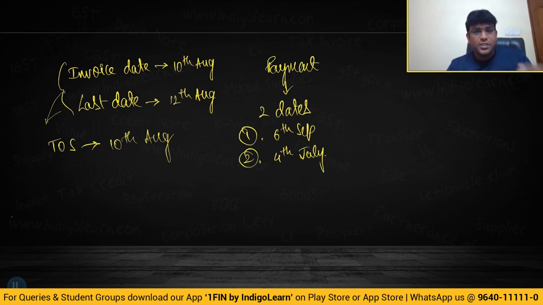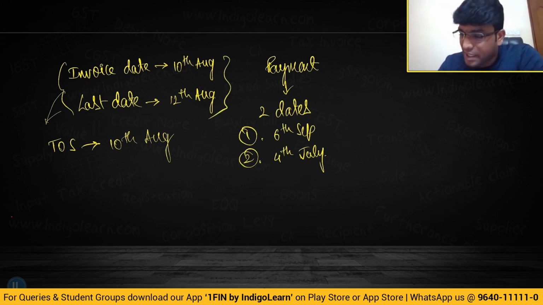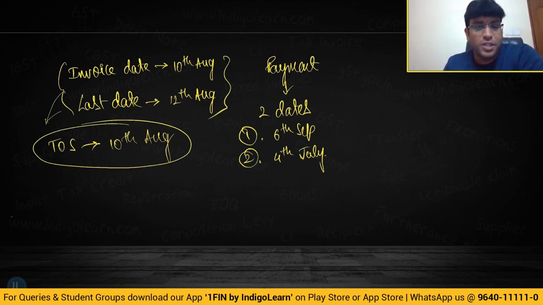What is the point? Now here, payment came before the invoice, and now we observe what is happening here. Time of supply is what? Whichever is earlier, which straight away becomes 10th August. Payment came on 6th September, irrelevant for us. Payment came on 4th July, irrelevant for us.